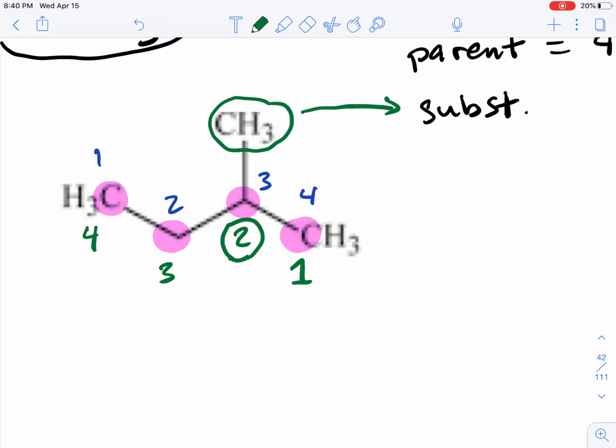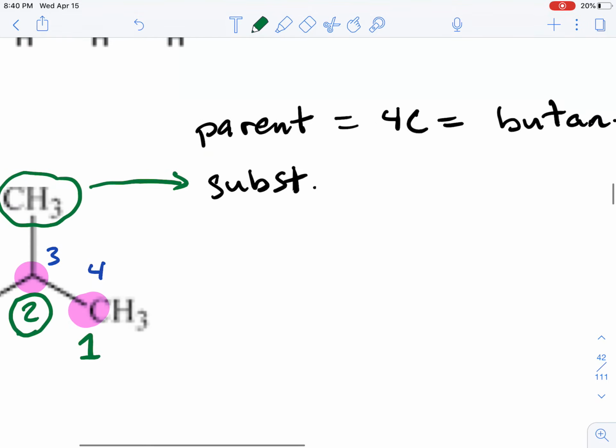So it turns out that if I go from right to left, I'll get a carbon number that is less than if I go from left to right. And so I'm going to write that my substituent is on carbon 2 on the parent chain.